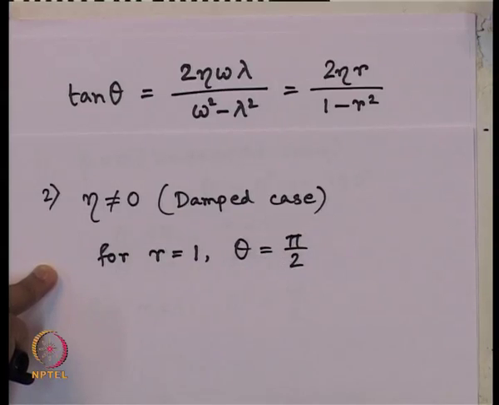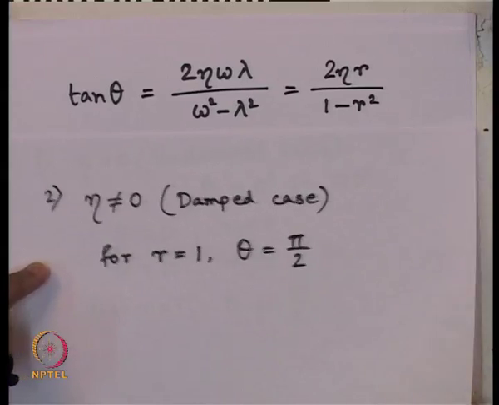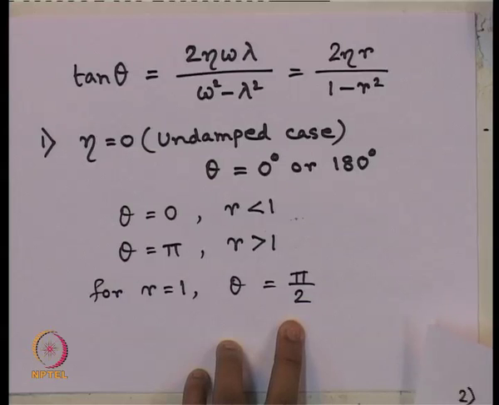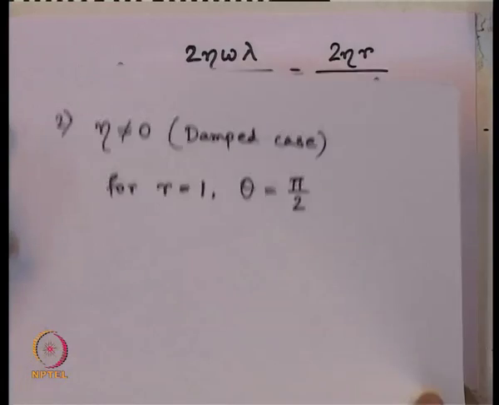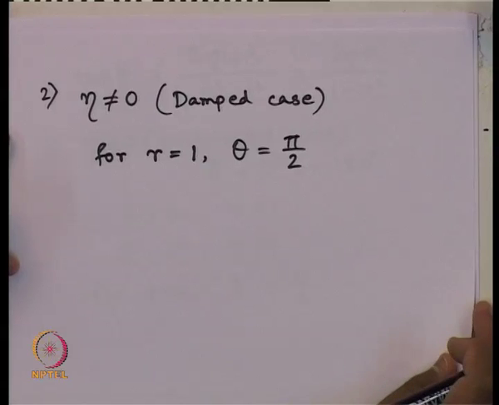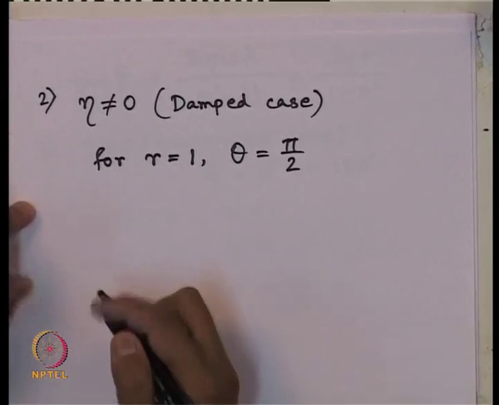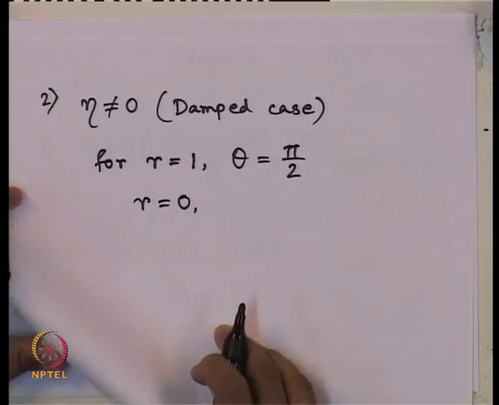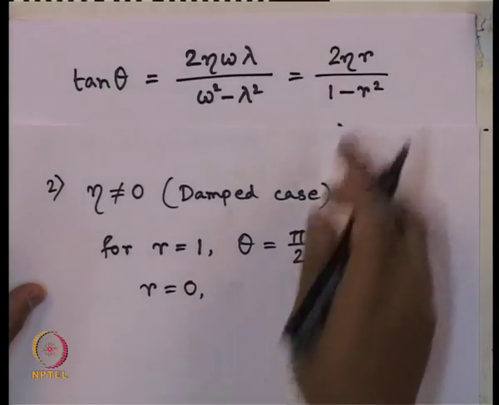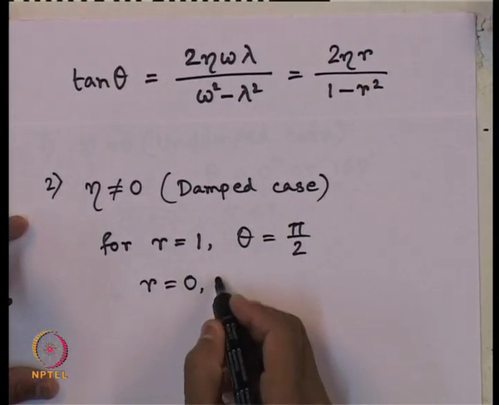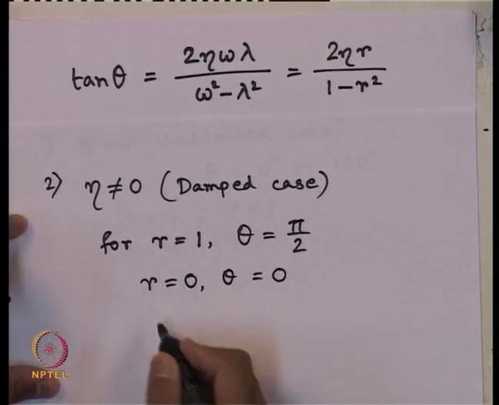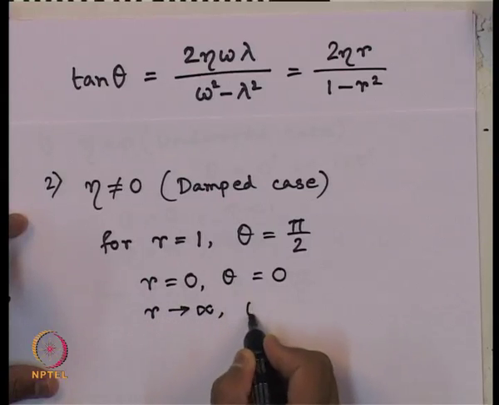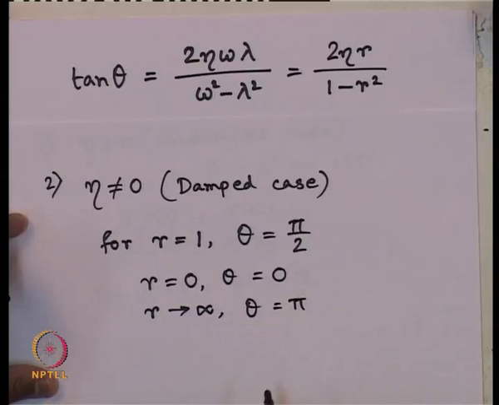That is why, irrespective of the value of eta, I have written earlier also, for r equals 1, theta will be pi by 2. Fine. So, for the damped case also r equals 1 means theta equals pi by 2, and r equals 0 means, if we put r equals 0 in this expression, we get theta equals 0, and r tends to infinity means theta equals pi.